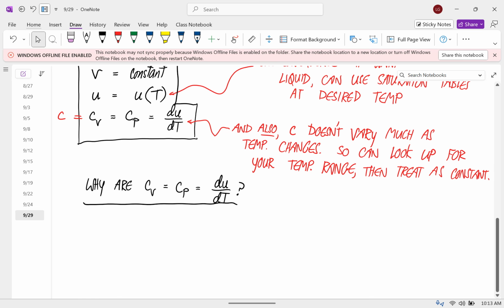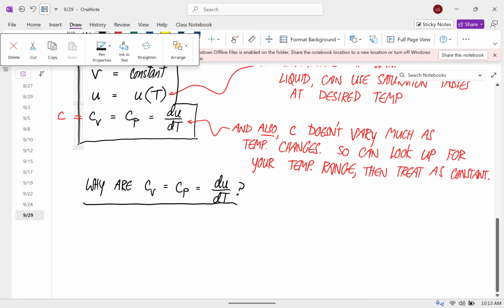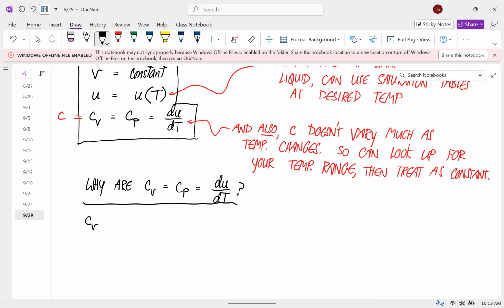So first, let's think about CV. And we'll start with the definition. So that's equal to the partial derivative of U with respect to temperature for a constant volume.